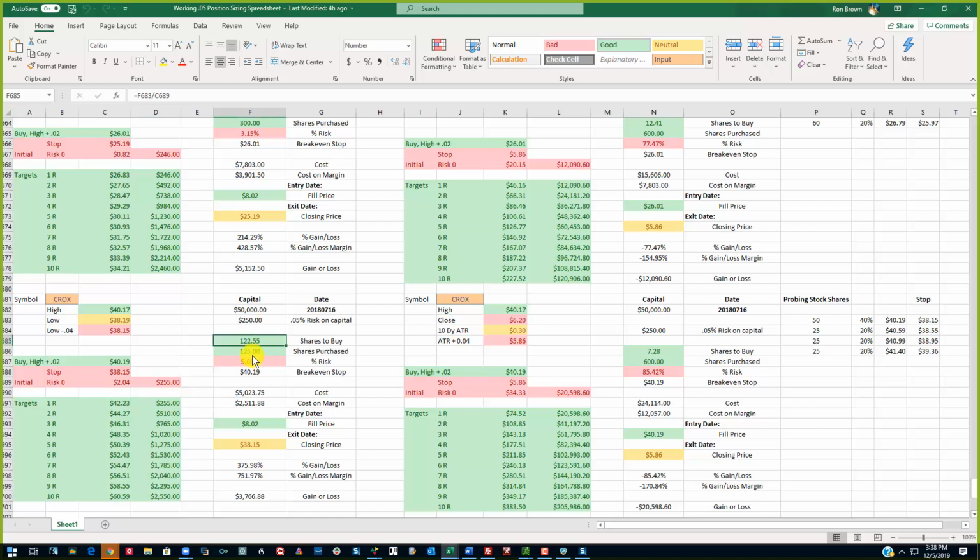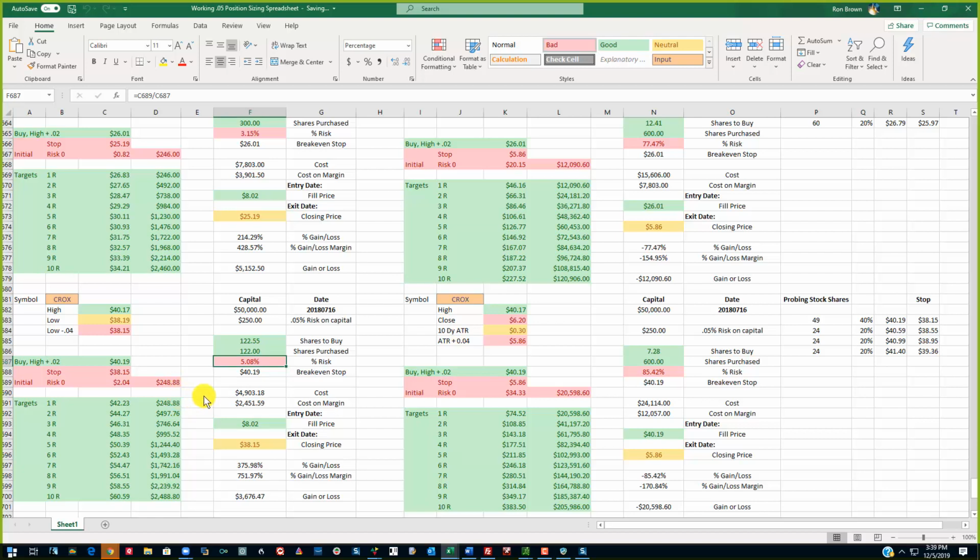So if I change this number to 122, then you can see both my target and my initial risk are the same amount, $250.